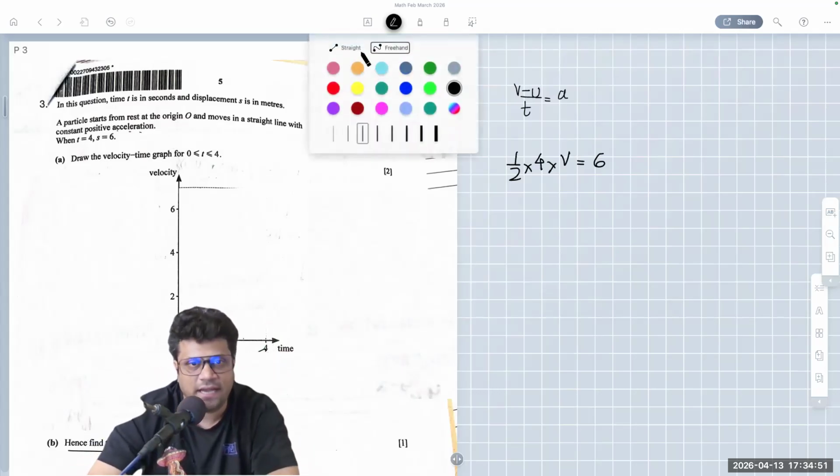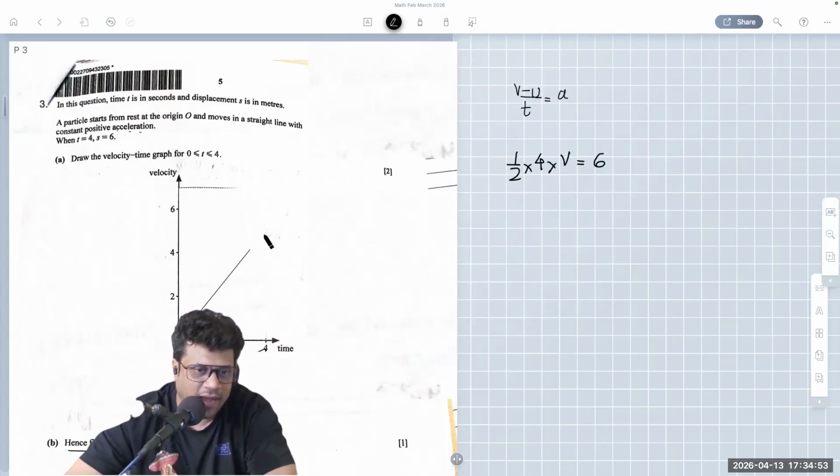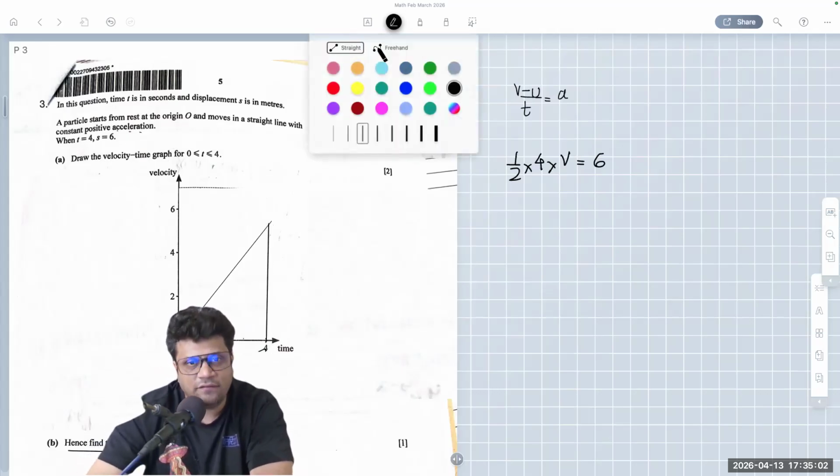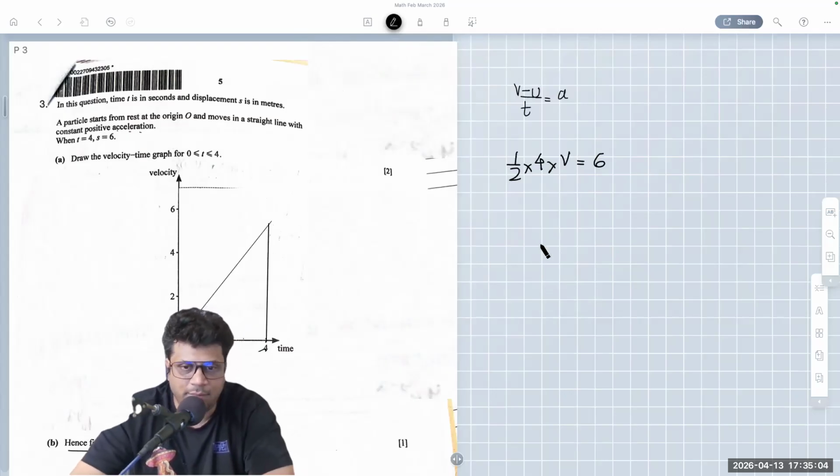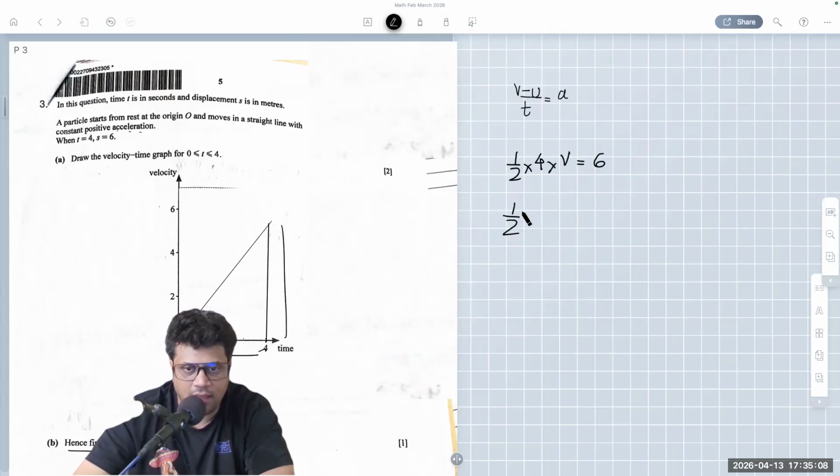Let's just keep it randomly somewhere there, just to make you understand. And I know it should end at 4. Well, the area of this triangle is supposed to be half into base into height. Half into 4 into height.